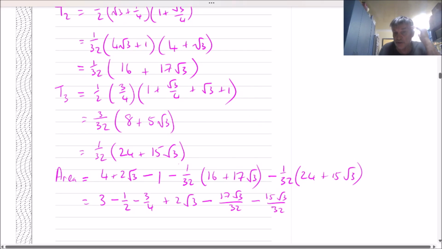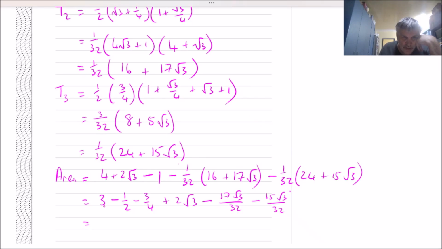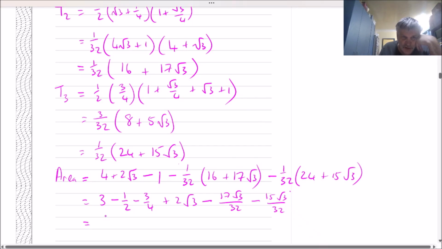So that's minus 32 root 3 over 32, so that's minus root 3. So we're going to have just plus 1 root 3, and the ordinary numbers are 3 minus a half is 2.5, minus 3 quarters is 1 3/4, 7 over 4 plus root 3.